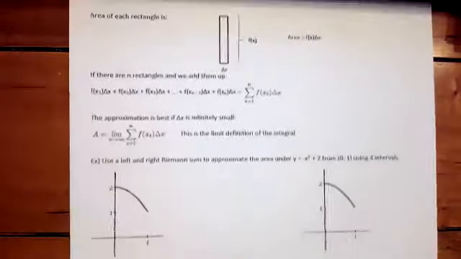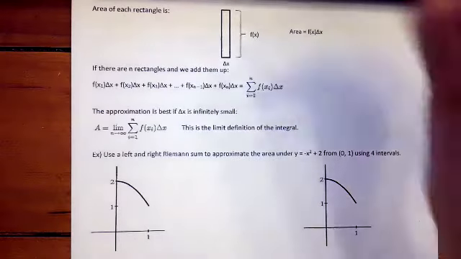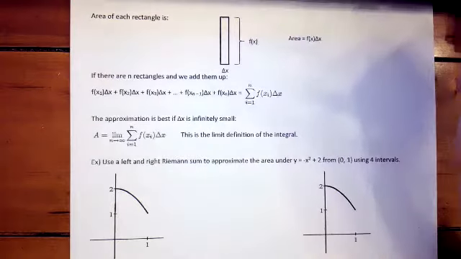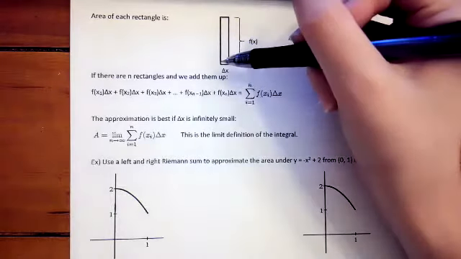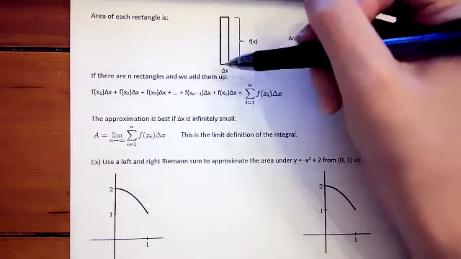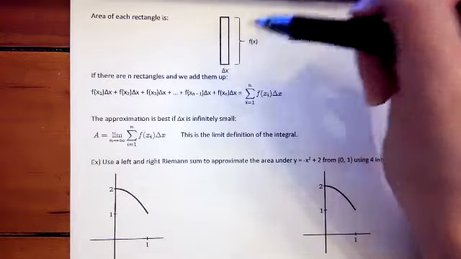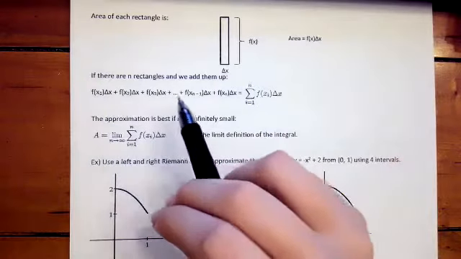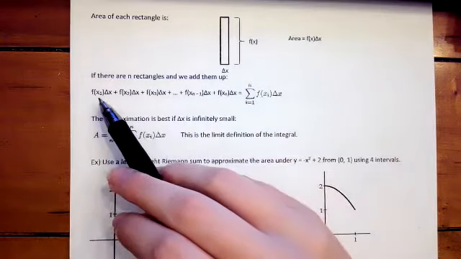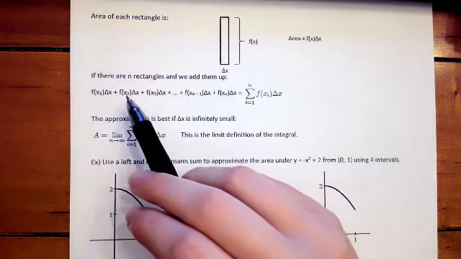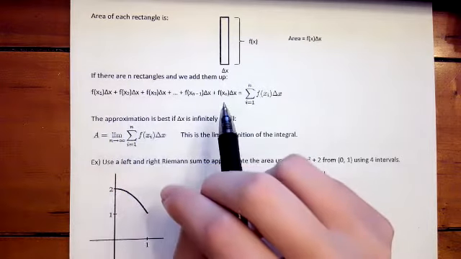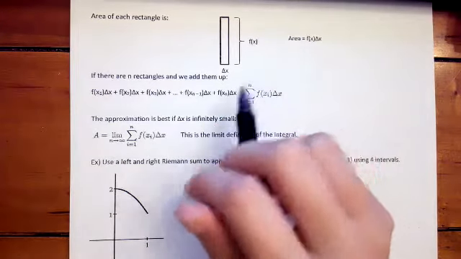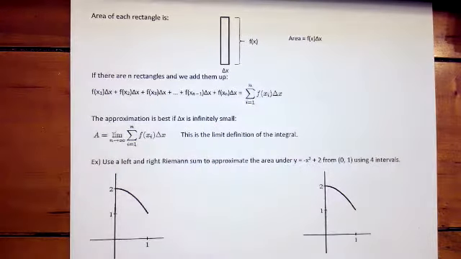So when we're looking at each rectangle, the height of our rectangle is going to be our function f of x. And then across the bottom, that base is going to be delta x, that change in x. And that change in x should be constant across all the rectangles. And if we took all of the rectangles under a curve from f of x1 delta x plus f of x2 delta x all the way to f of xn times delta x, because we multiply them for our area, we would sum them all up, we'd get this nice summation.